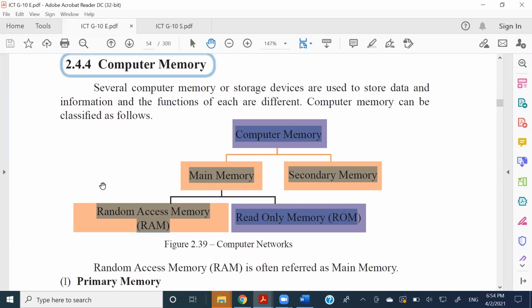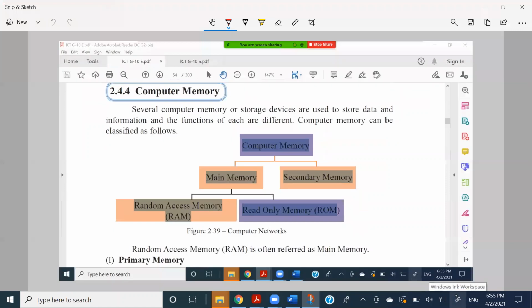So the main memory has three categorizations: the cache memory, random access memory, and read-only memory, right? Let me take a screenshot and write it down, otherwise you will forget it, right? So you should have another category which is called cache, C-A-C-H-E, cache memory.